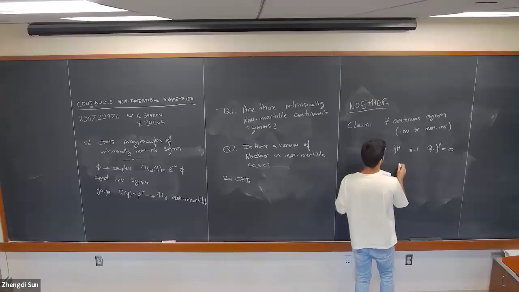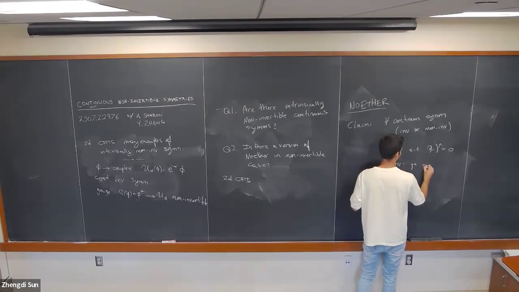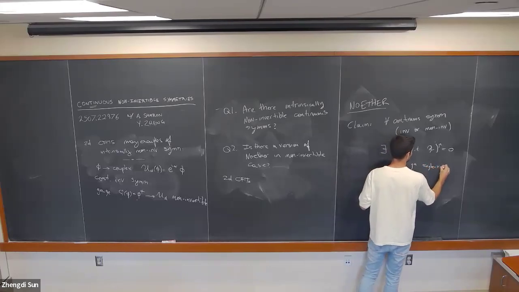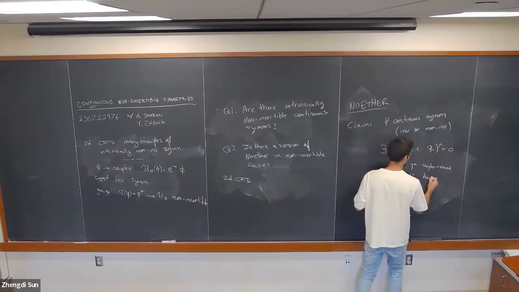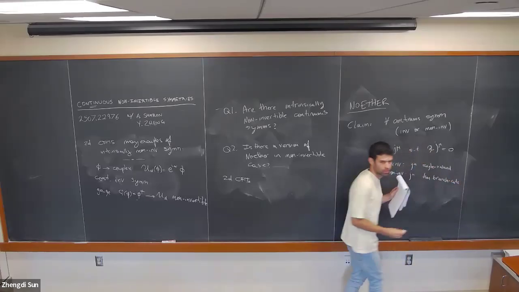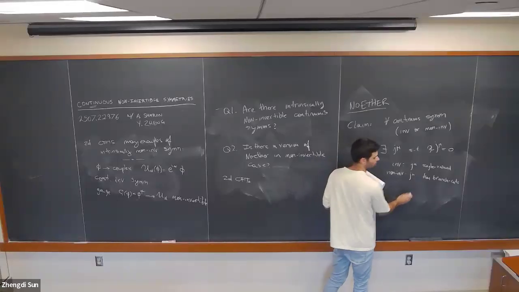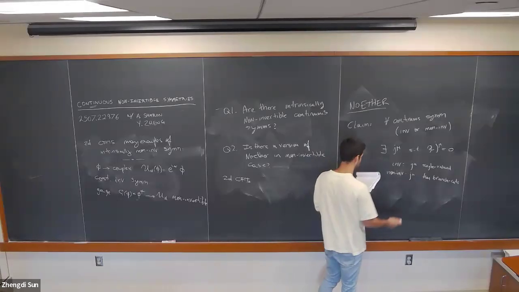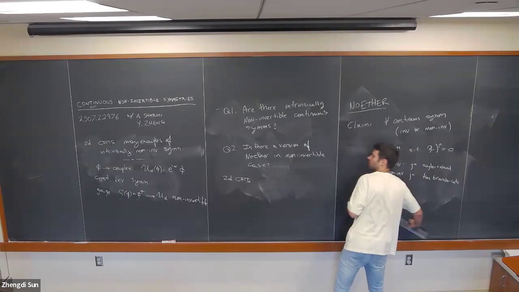And the claim is that if the symmetry is invertible, then J nu is single valued. And if it's non-invertible, J nu has branch cuts. In other words, it's attached to a topological line, or in string theory language, it's a twist field. So this is the main claim.